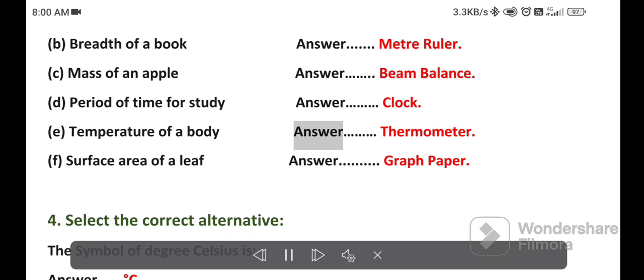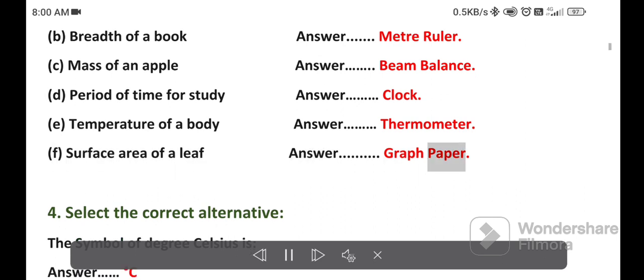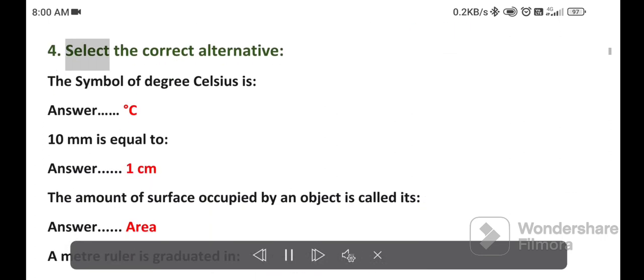Answer. Thermometer. F. Surface area of a leaf. Answer. Graph paper. 4. Select the correct alternative.